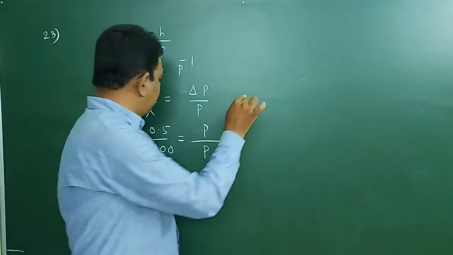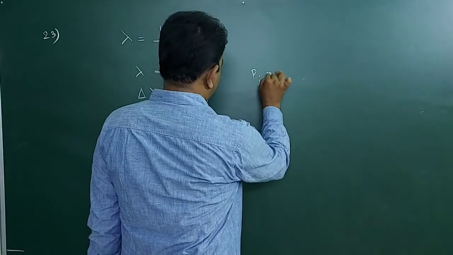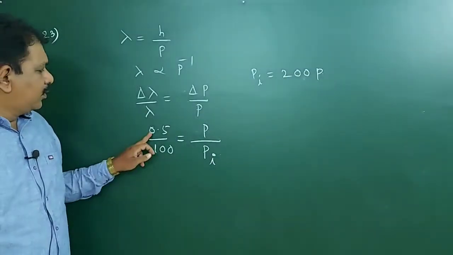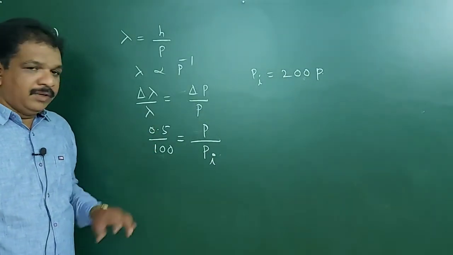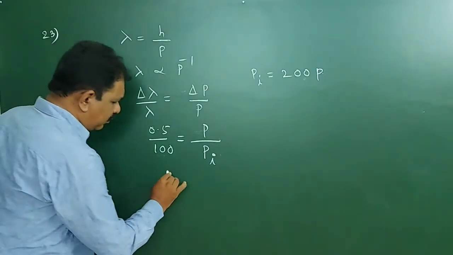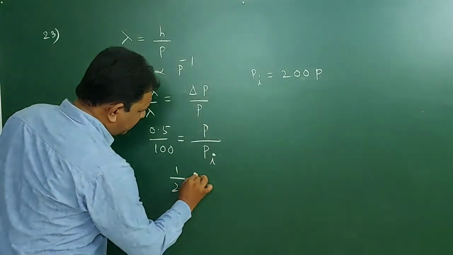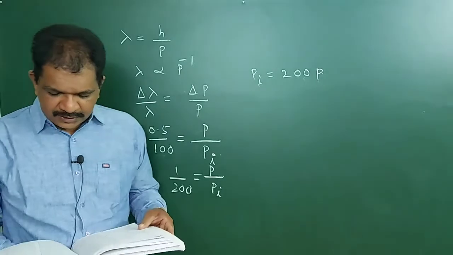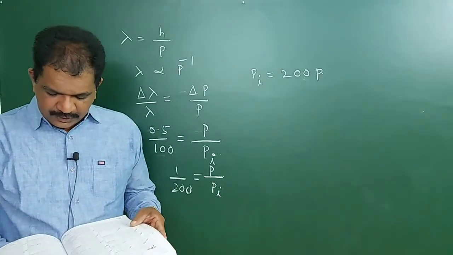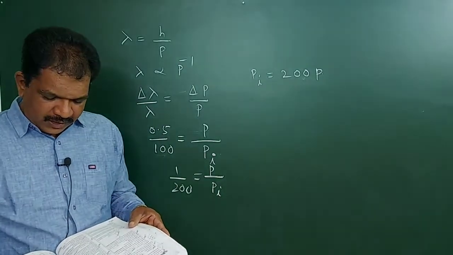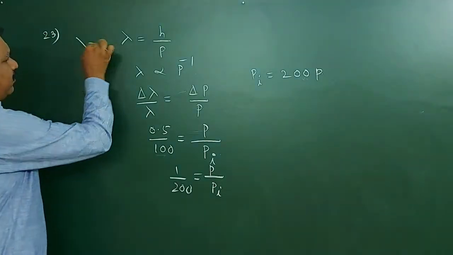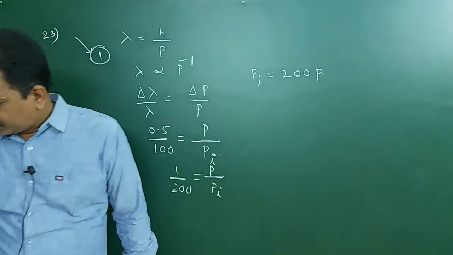So then 1 by 200 is equal to p by pi. 0.5 is 1 by 2, so it will be 200. Then the initial momentum pi is equal to 200 p. For 23, it will be the first option.